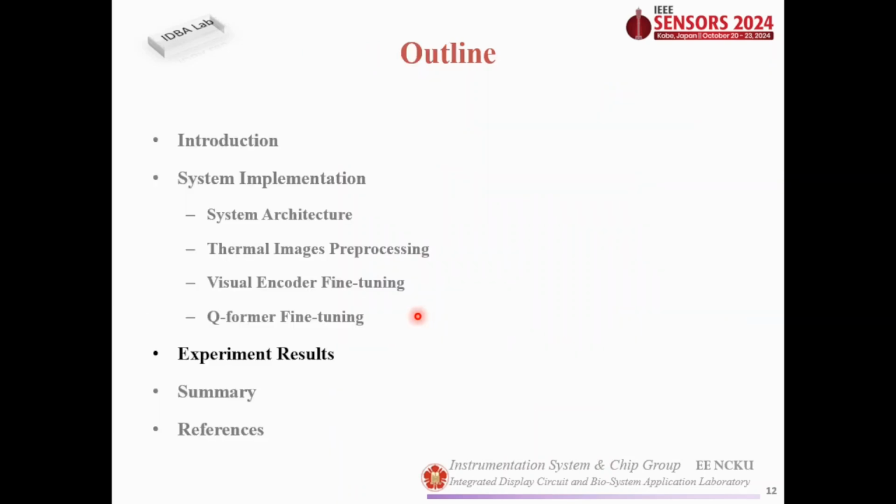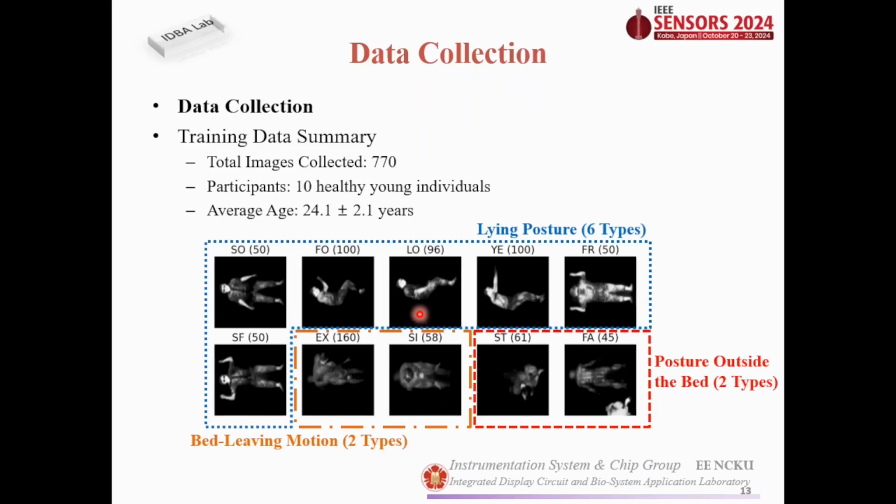After the system and the method, let's see the results. Our training dataset includes 770 images from 10 healthy young participants, averaging 24.1 years of age. We categorize 6 types of lying posture, 2 types of bed leaving motion, and 2 types of posture outside the bed.